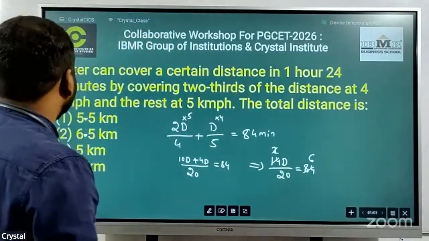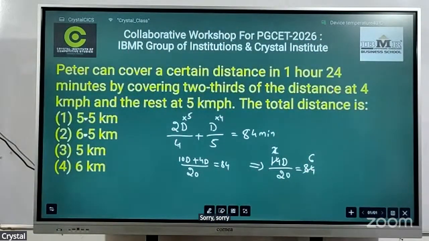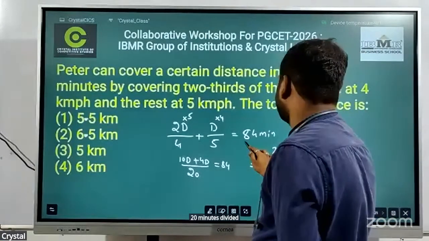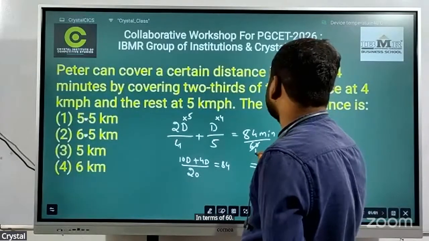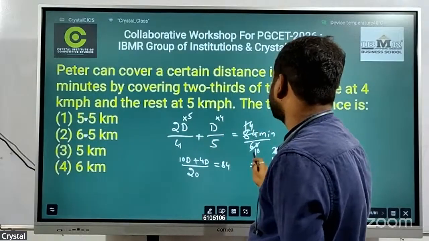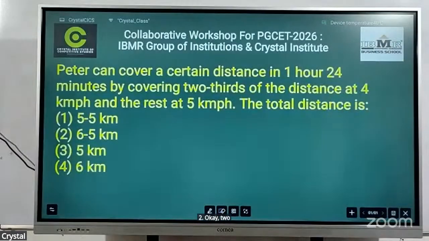And the rest of the distance, total distance he covers: two times distance at 4 kilometers per hour and one distance at 5 kilometers per hour. Okay, do it once again, one minute.